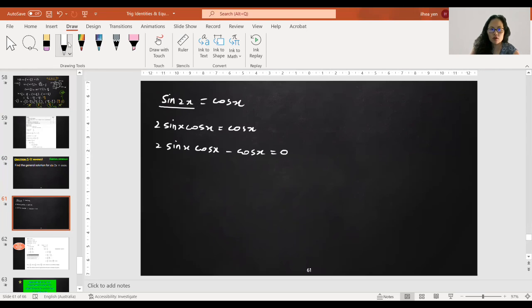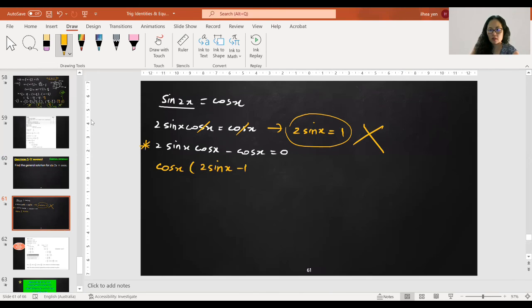Now do not ever do this and then make it into 2 sine x equals 1 or something. That is not good because you can't really get rid of the cos x here. So be very careful. That's no. So this, factorize it. When I factorize this, I will get cos x (2 sine x minus 1) equals 0.